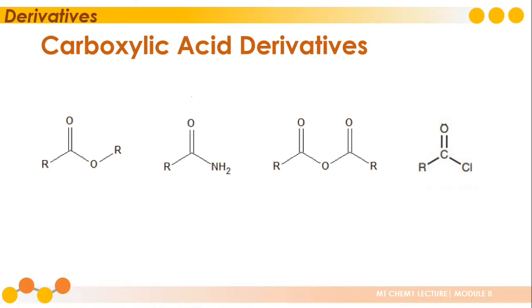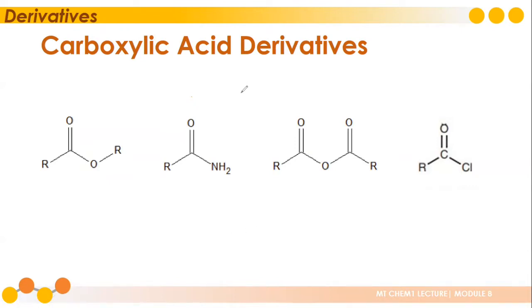Now, here are the structural representations of the different carboxylic acid derivatives. Again, as mentioned a while ago, the group attached to the carbonyl carbon atom distinguishes the derivative types from the others and from carboxylic acid.